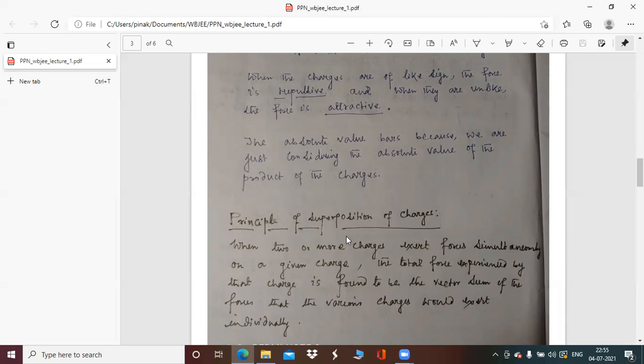Then what we do is, by using Coulomb's law, we find the force exerted on this charge by each of those charges, and then we add all those individual forces vectorially so that we get the resultant force exerted on that single charge. So this is the principle of superposition of charges.